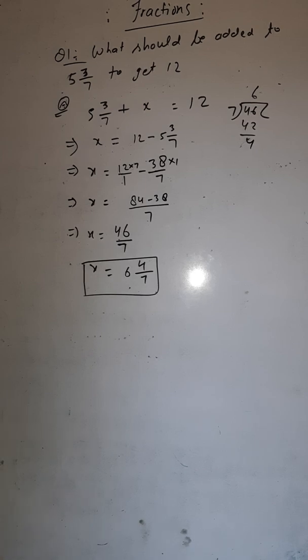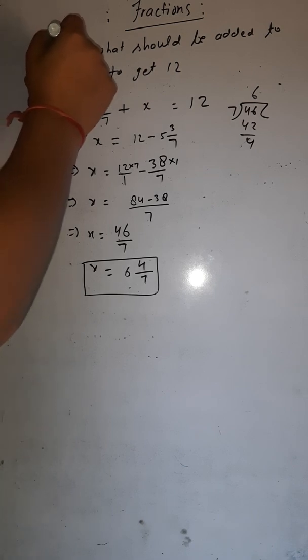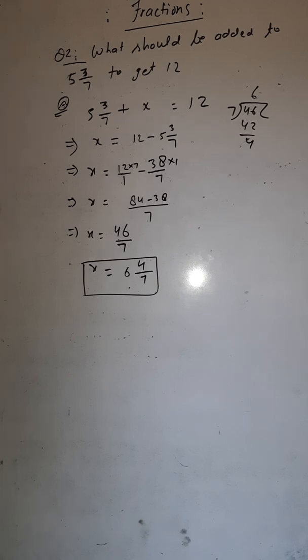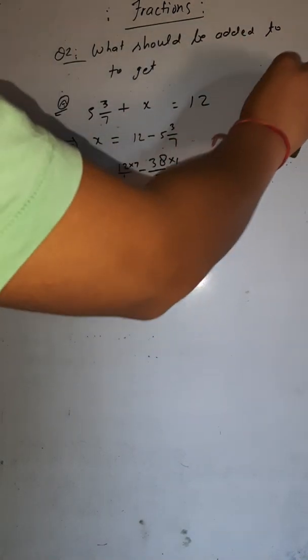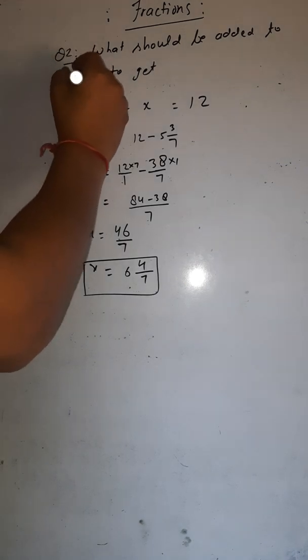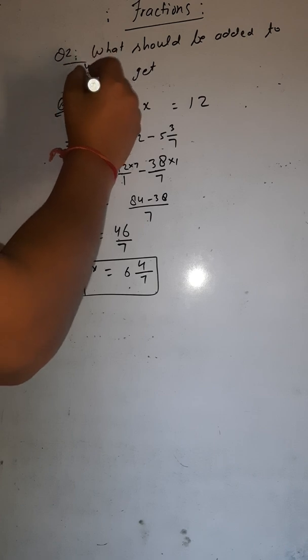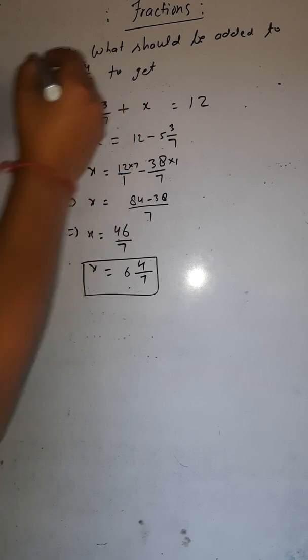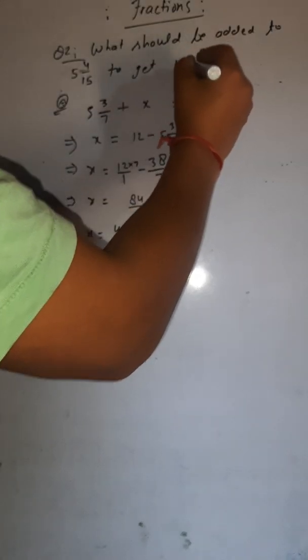Noted? Very good. Now I'm on question number 2 right here. Question number 2 is: what should be added to 5 whole 4 by 15 to get 12 whole 3 by 5?